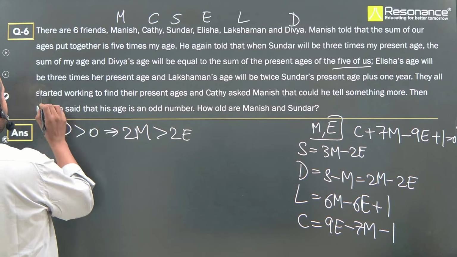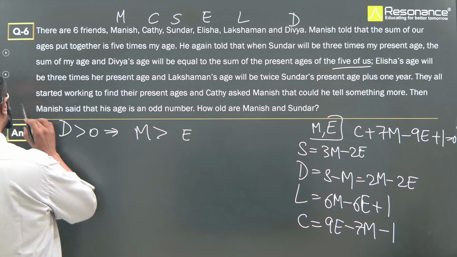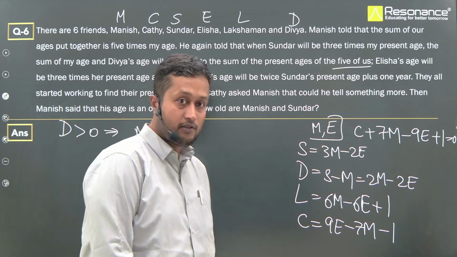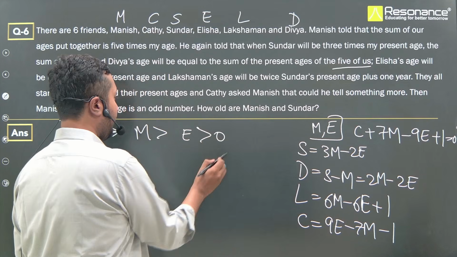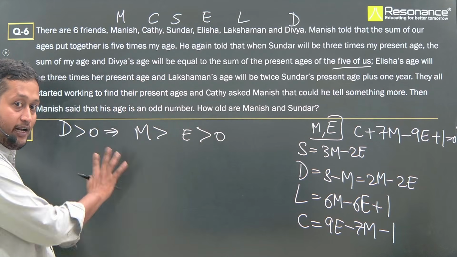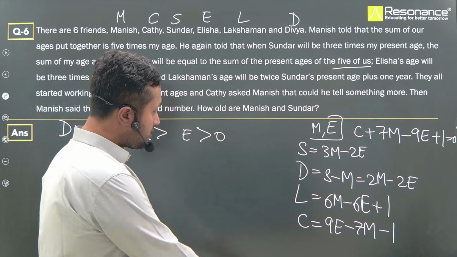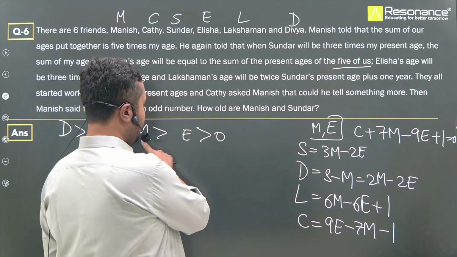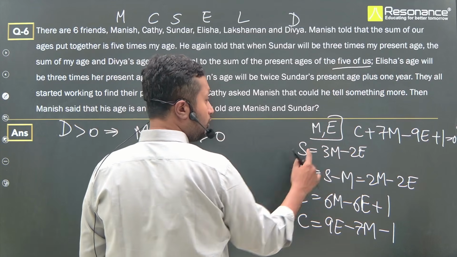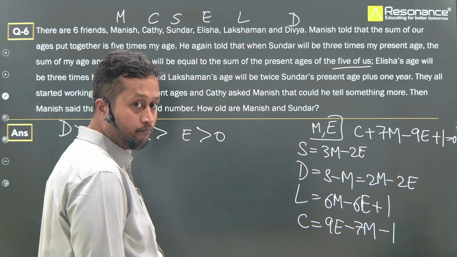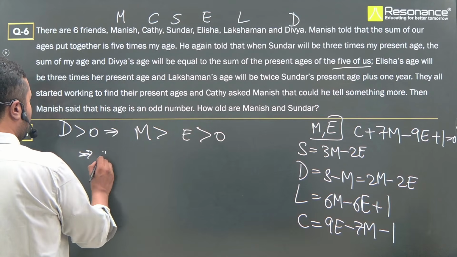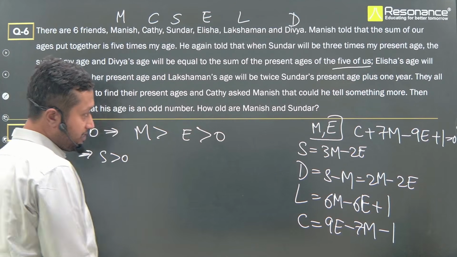And that immediately tells us that M is greater than E. And also these numbers are positive, right? So M and E are positive and M is greater than E. That ensures that D is positive. Now as soon as M is greater than E, you see that 3M will also be greater than 2E, right? So S will automatically be greater than 0.